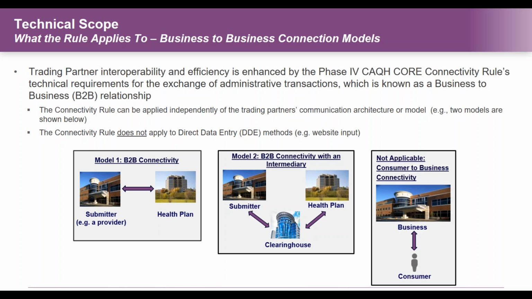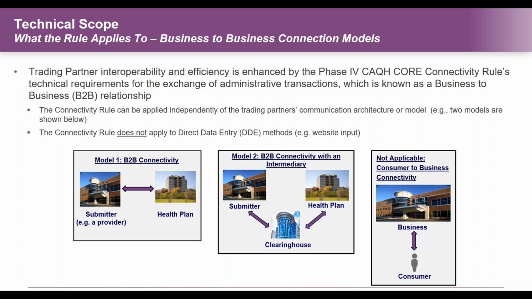So the applicability of this connectivity rule is still business-to-business exchange of administrative transactions. And what's shown in these diagrams is two primary models. Model 1 is where a client submits directly to a server. A client in this case is a provider, and the server is a health plan. And Model 2, shown in the middle, is one where you have an intermediary such as a clearinghouse.